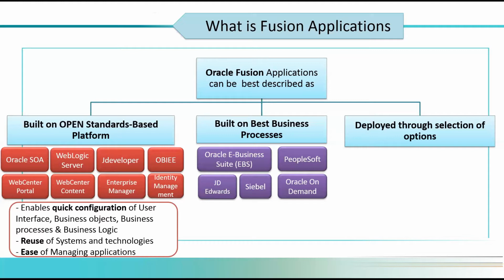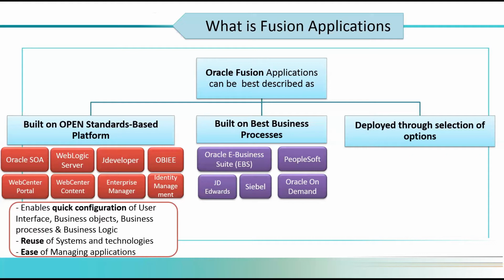And deployment selection options. What is deployment? Deployment traditionally means that whenever we have an application or a platform, we install our platform over our hardware system, and over the platform we build our applications, right?